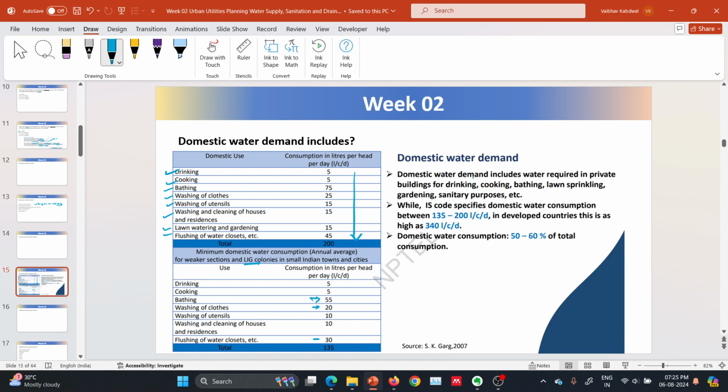So the domestic water demand includes water required in private buildings for drinking, cooking, bathing, lawn sprinkling, gardening, sanitary purpose, etc. The IS code specifies the domestic water consumption between 135 to 200 liter per capita per day. In developed countries, this is high, as 340 liter per capita per day. The domestic water consumption is 50 to 60% of the total water demand, as per this IS code.